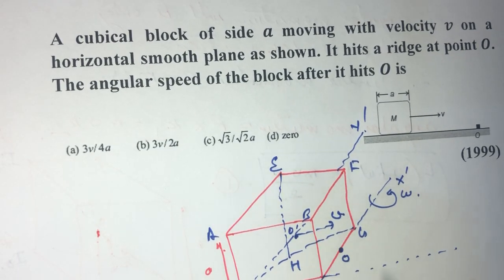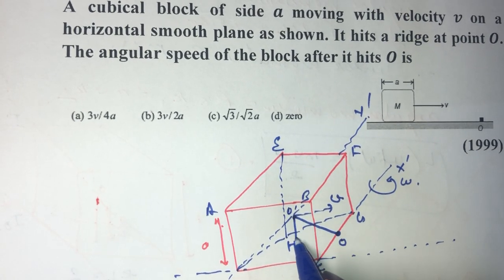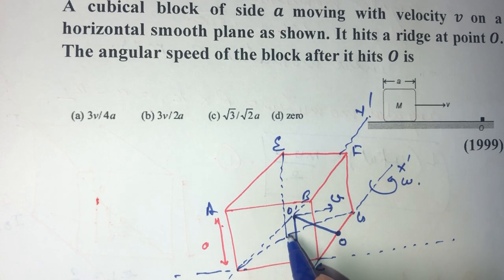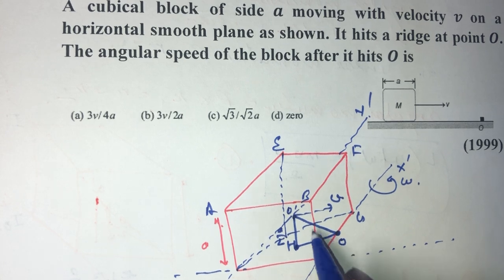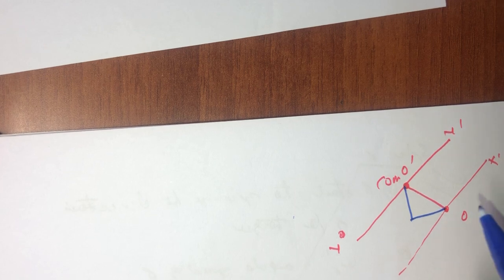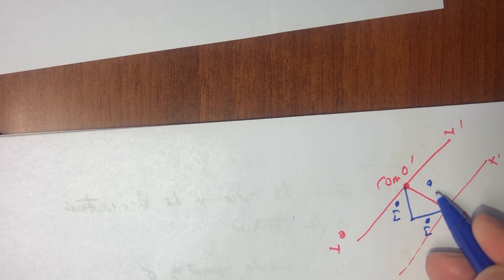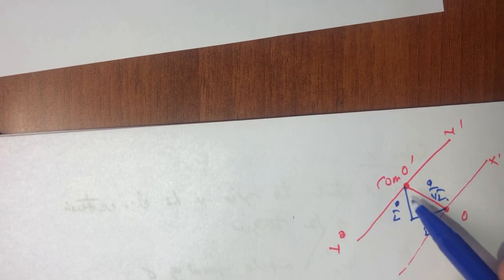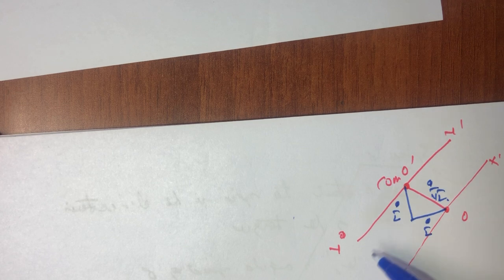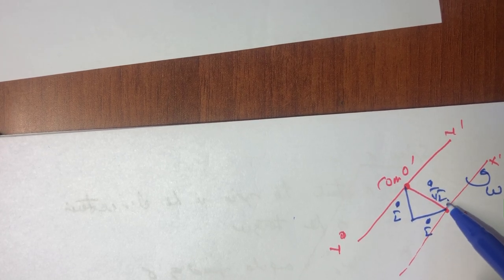So this is our O prime, so this is the perpendicular distance, and this distance from the center to the lower base will be a/2, and this distance will be also a/2. So this is our a/2, and this is also a/2. So using Pythagoras theorem, this will be coming as a divided by square root of 2. So the perpendicular distance between the two axes, one which passes through the center of mass and another through which it is going to pivot with the angular velocity omega, comes out as a divided by square root of 2.